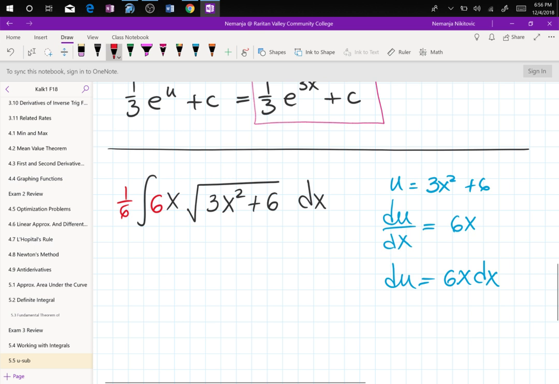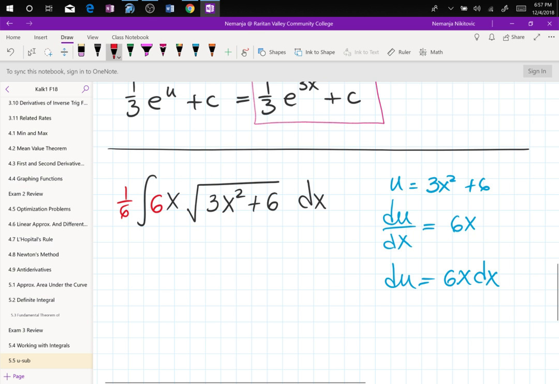So this is the fixed method. I like this one because it gets me to write less. Because over here I would have to now write another line with x dx equals du over 6. Then when I plug in the problem, it will be du over 6. Then I would have to have another step to pull that 1 over 6 outside.